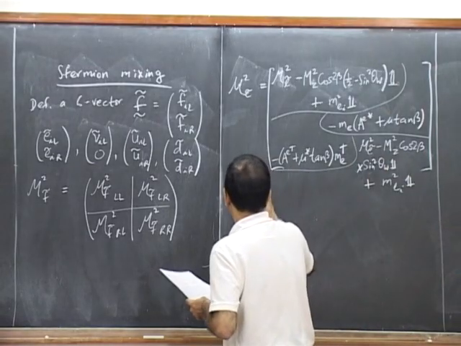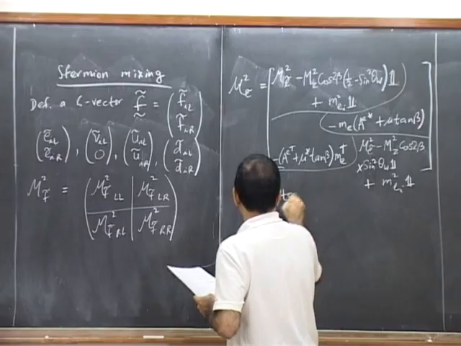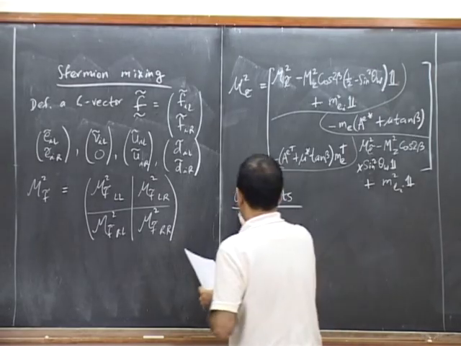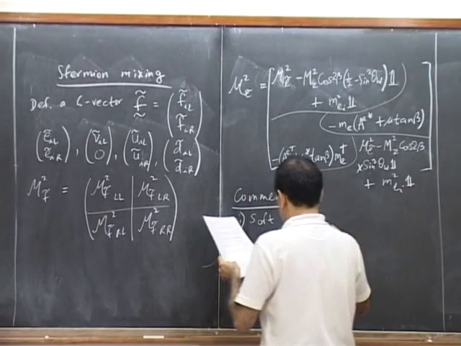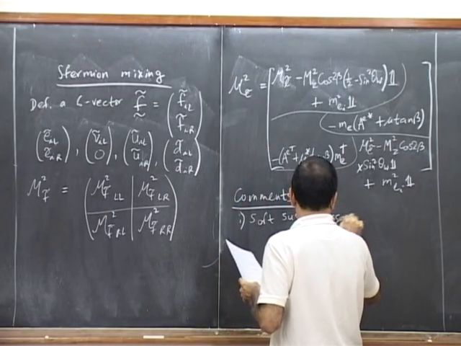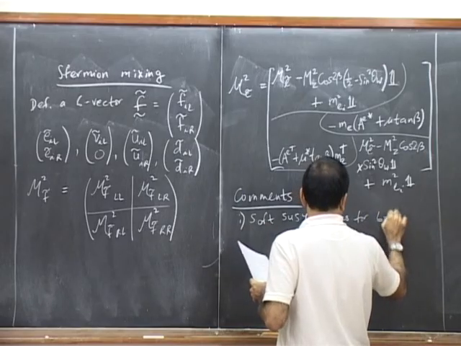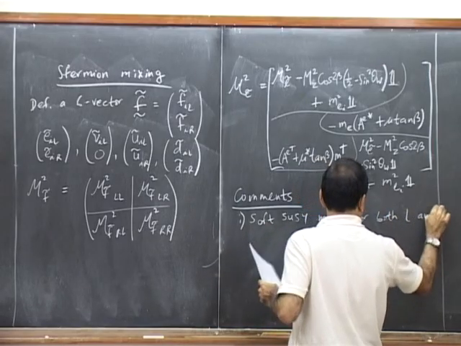So, comments. One is that soft SUSY masses for both left and right fermions appear.